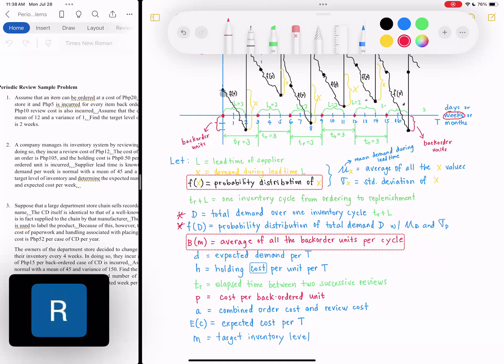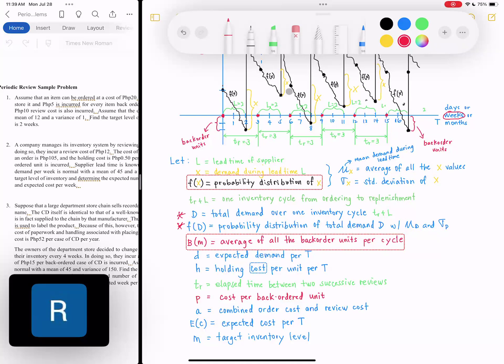As I've said, if inventory upon review is 20 units and your target is 100, your order quantity will be 80. That's 100 minus 20. So it will always be M minus the inventory level upon review. That is what your order quantity will be. You always bring it up to the target inventory level.